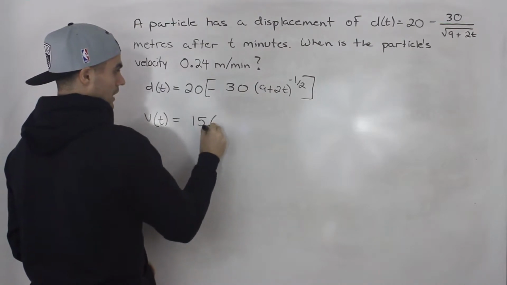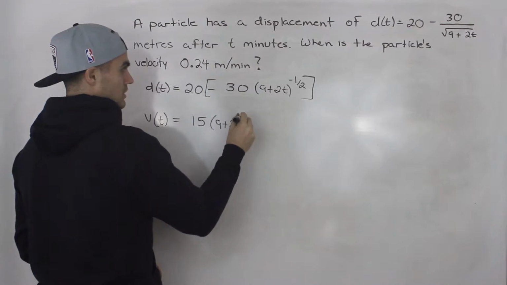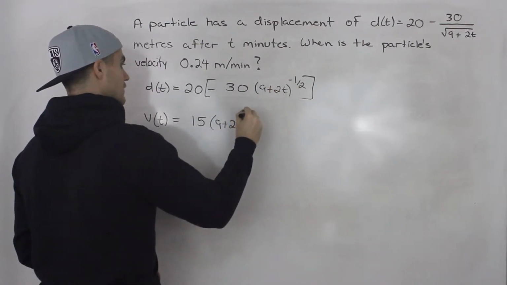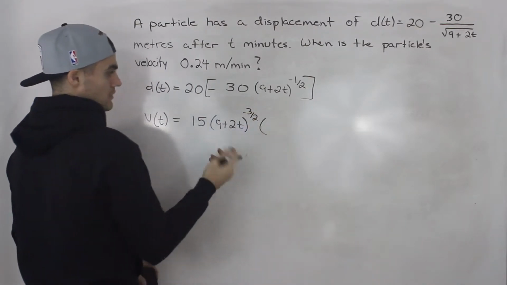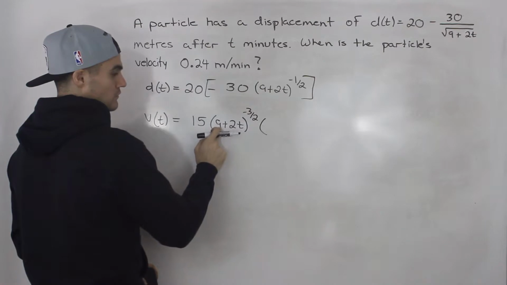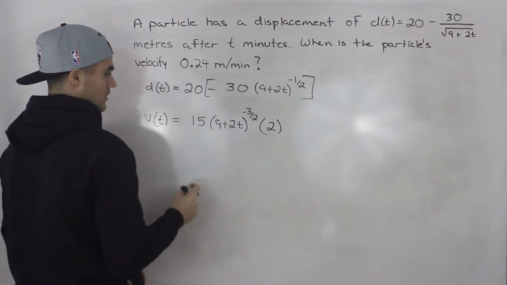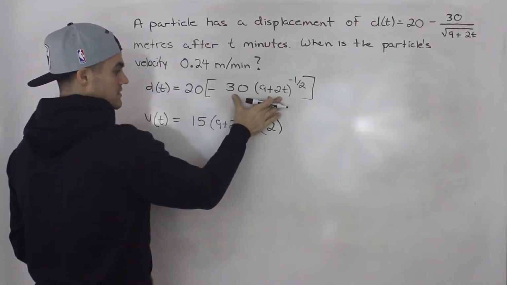Then I rewrite the function as is, and negative a half minus 1 gives us negative 3/2. Then we take the derivative of the inside function. The derivative of 9 + 2t is just 2. So this here is the derivative of this function.